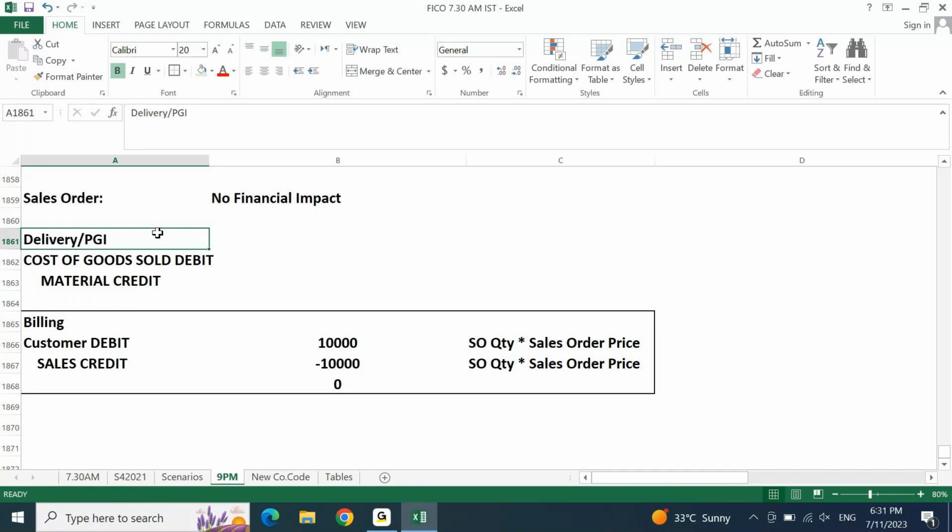But from the FI point of view, there is no such report. You will come to know the overall sales during the month, your total sales and your total cost, and you will come to know your operating profit, in short, the net profit.